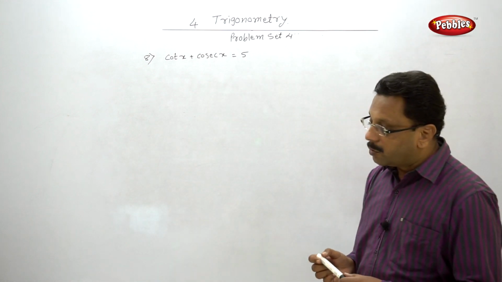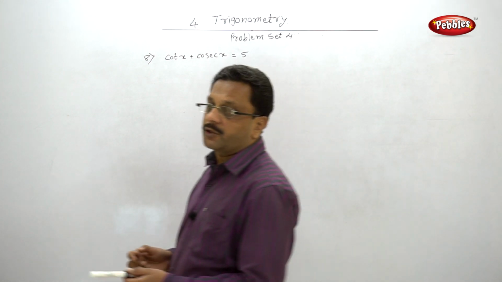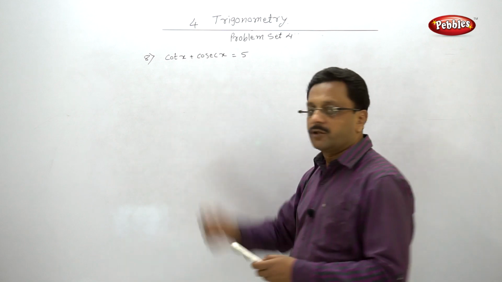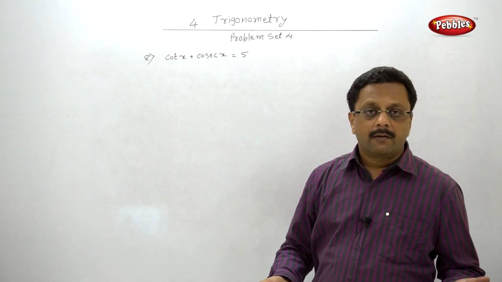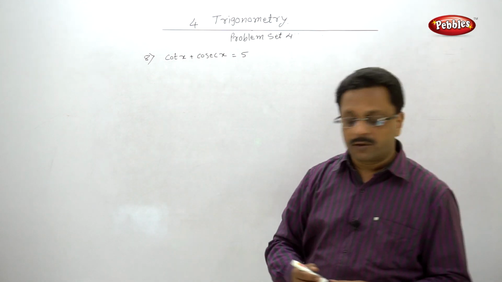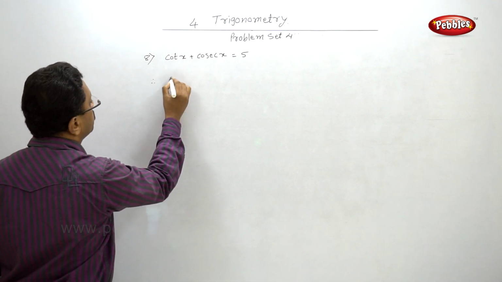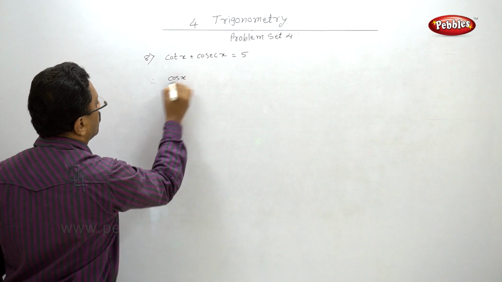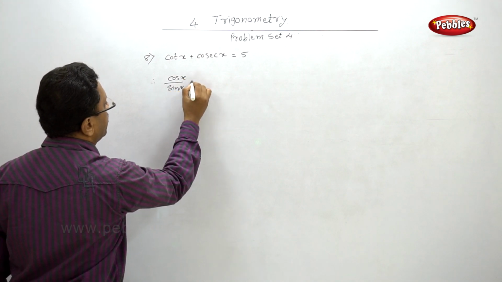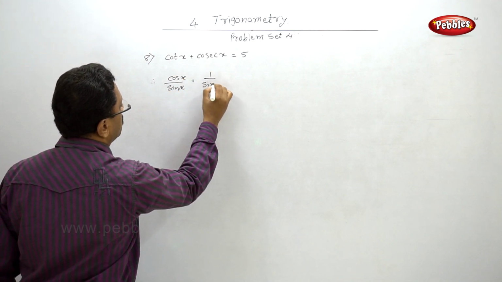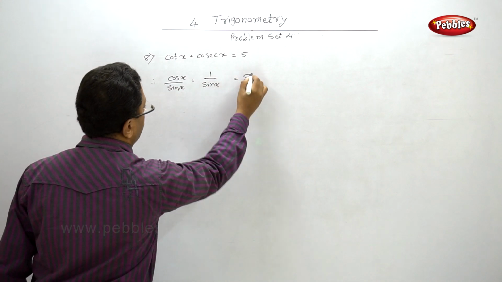We want to find all the possible values of cos, but here we have cot and cosec. So simply write them in the form of sin and cos. This will become cos x upon sin x plus 1 upon sin x equal to 5.